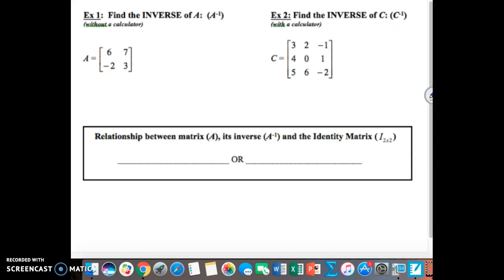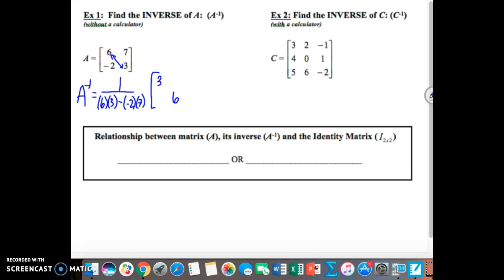So if A equals 6, 7, negative 2, 3, then we know that A inverse equals 1 over the determinant, which is 6 times 3 minus negative 2 times 7, times the matrix where the A and D spots switch spots.